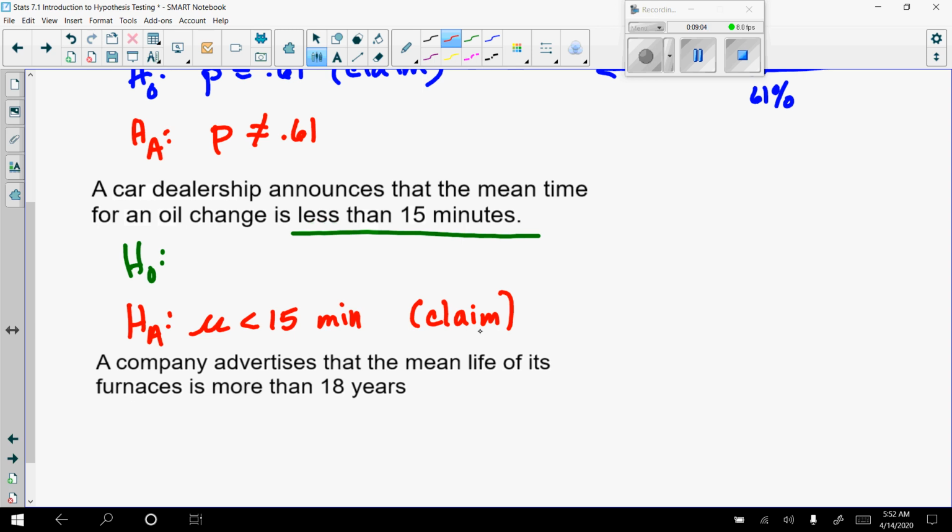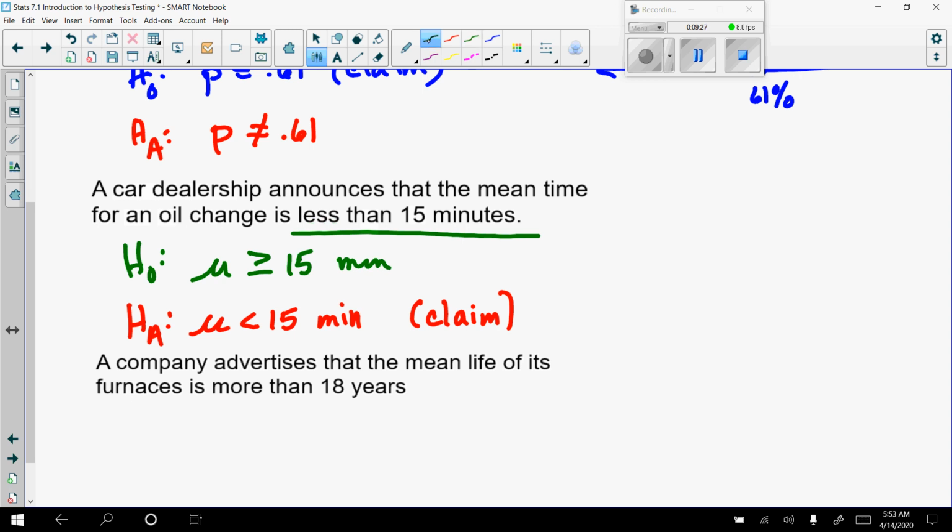We're saying that our claim is unusual, and we're going to reject the null hypothesis. So the null hypothesis is everything else, so mu would be greater than or equal to 15 minutes.